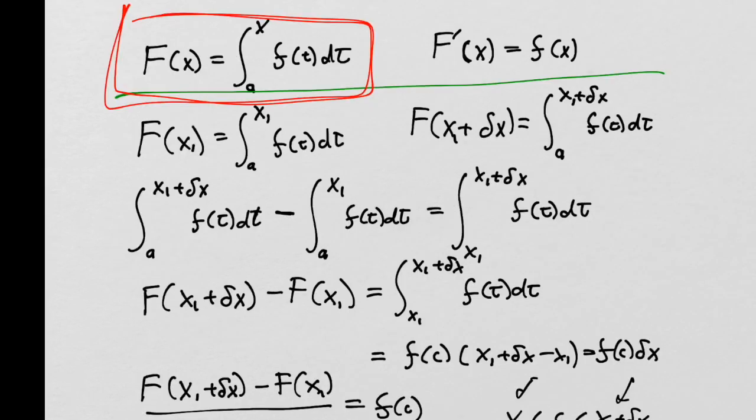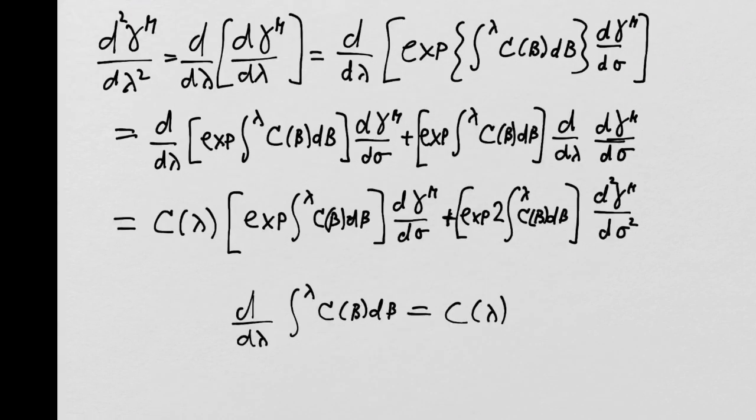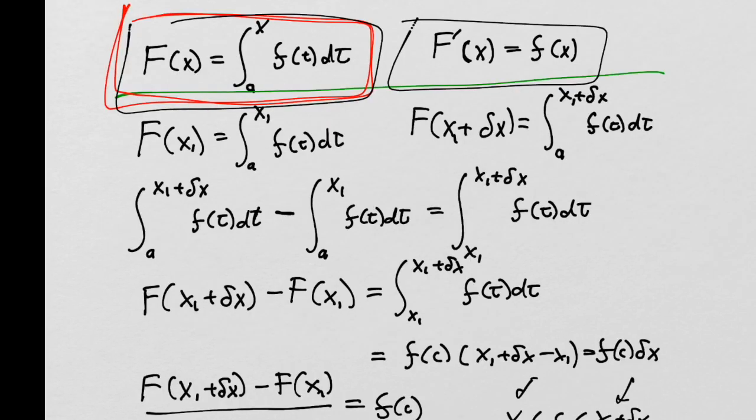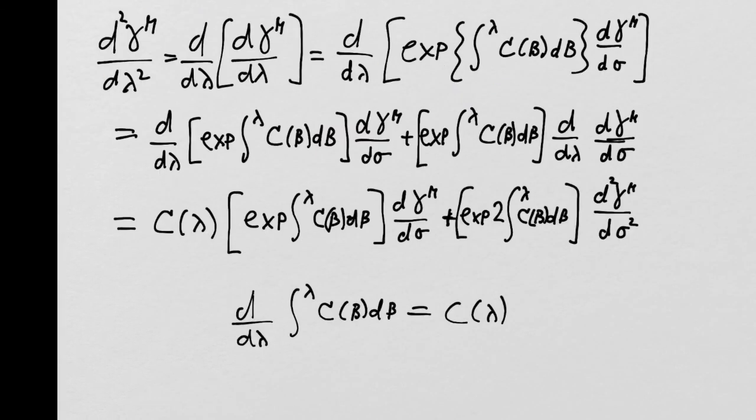You don't really have to work it, it's almost a literal restatement of it, just with c's instead of little f's and betas instead of t's, and then lambda instead of x. So that is the derivative of the argument.